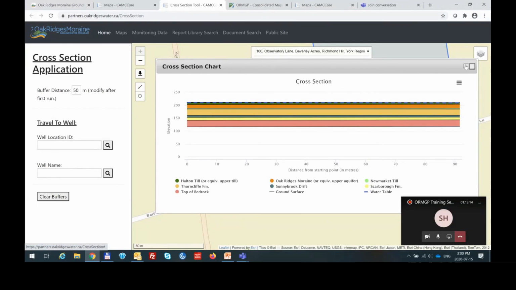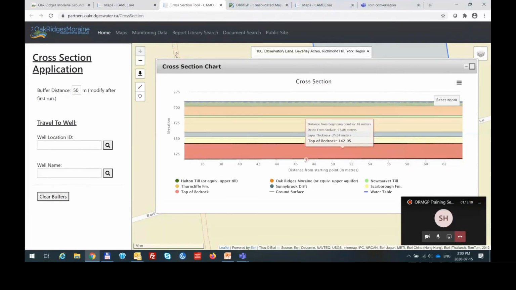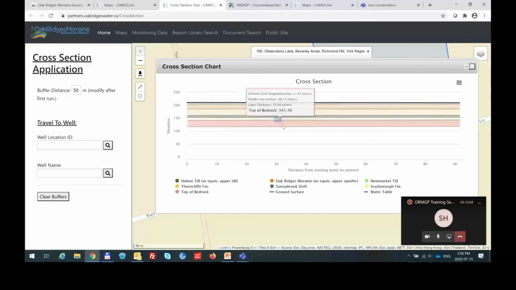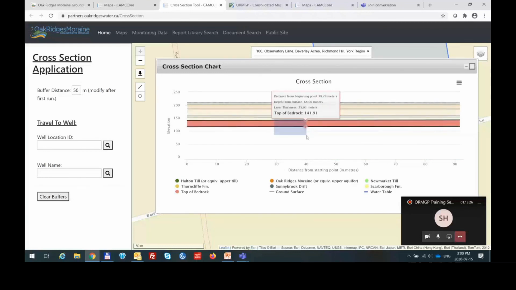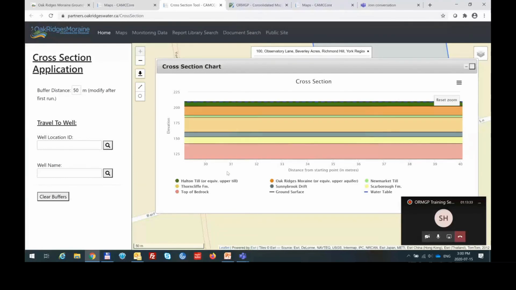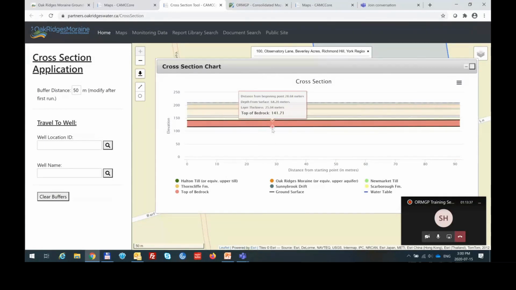We were actually pretty happy we got this cross-section tool to work in general. I just zoomed in, and I can reset the zoom. I can pick an area and go like this, and that should be 10 meters. So I'm showing from 29 to 40 meters, and then reset the zoom. That's the extent of it right now.